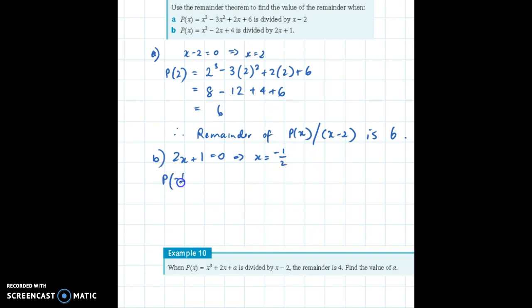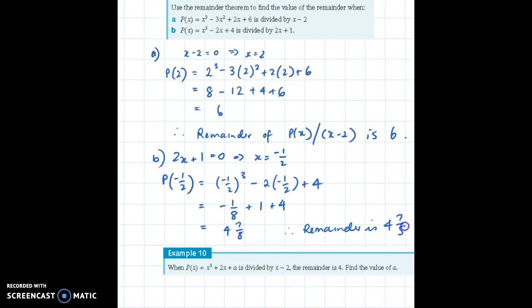So P of minus 1 on 2, replace every x with minus 1 on 2, equals negative 1/8 plus 1 plus 4, which equals 4 7/8. Okay? So therefore, the remainder is 4 7/8. Done.